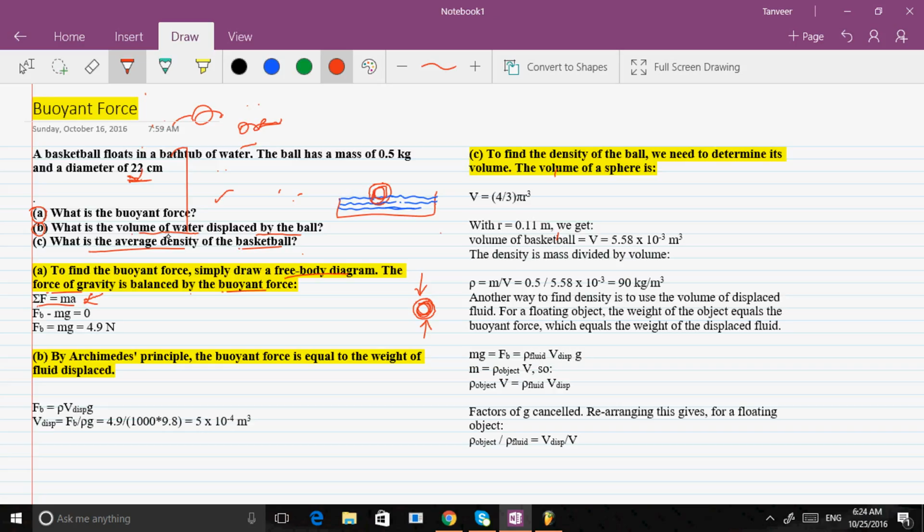In this particular case, we have 0.5 kilogram of mass, and if we cancel the forces, we have the buoyant force minus the force of gravity that attracts the ball downwards.